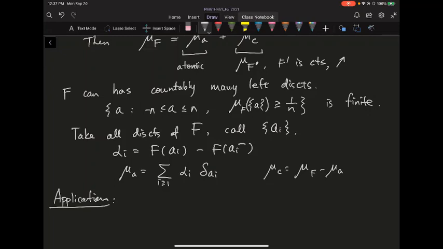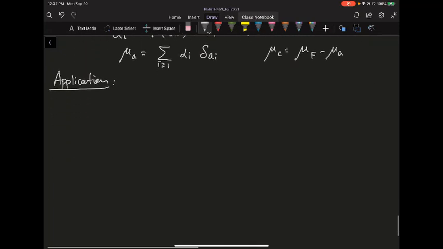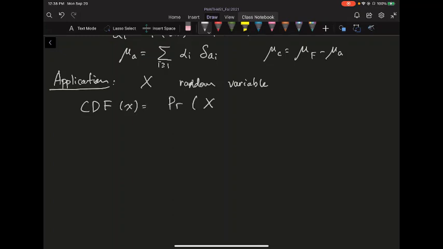If you have taken any kind of probability theory, you probably recognize this f as something you see in probability. So let's temporarily fix our minds in probability. If you have X, a random variable, then you have this notion of the cumulative distribution function, or the CDF of X, which is basically given by the probability that X, this random variable, is less than or equal to x.